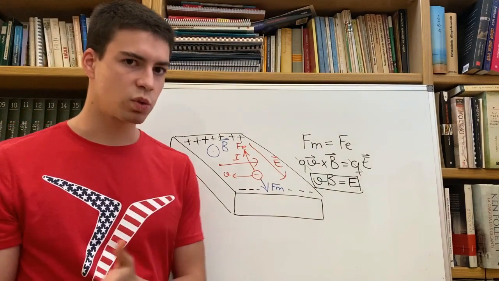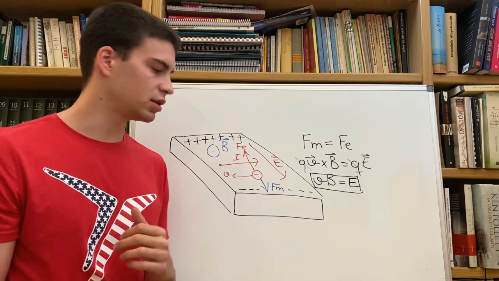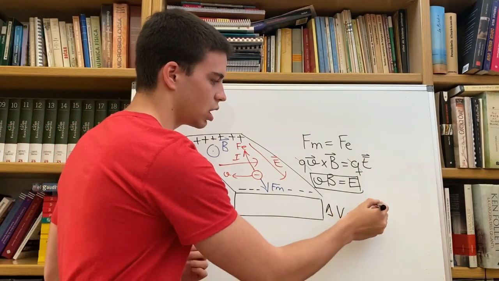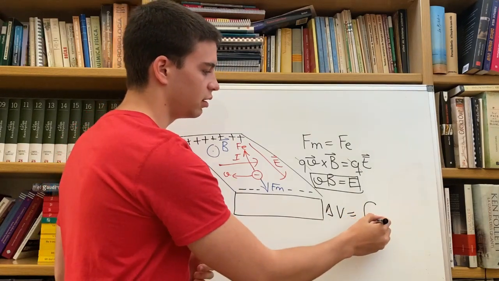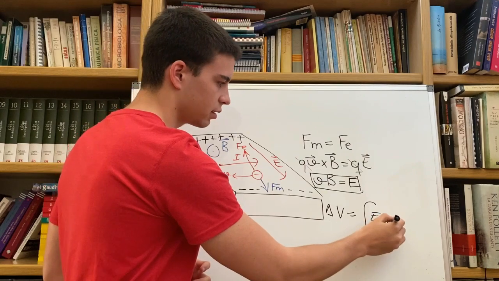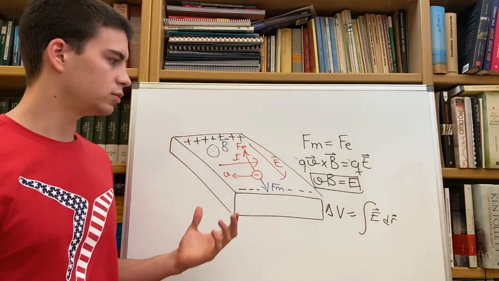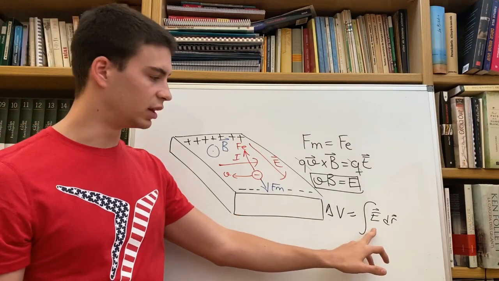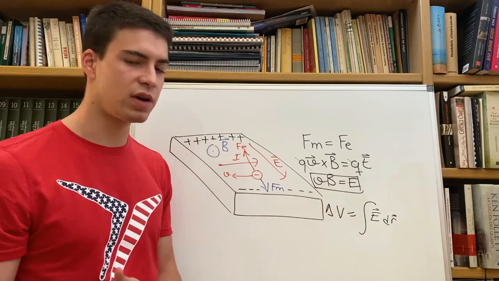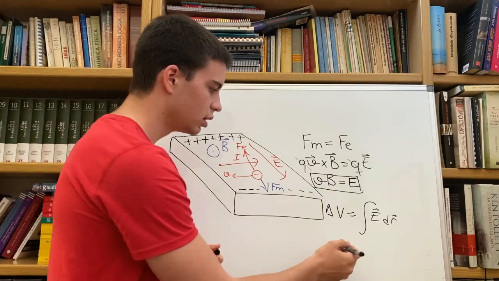Now let's check real quick if the voltage difference is or is not constant. We know the voltage difference is just going to be the integral of the electric field along a path. We actually know what the electric field is, because it's just these two values which are constant, so it's constant.